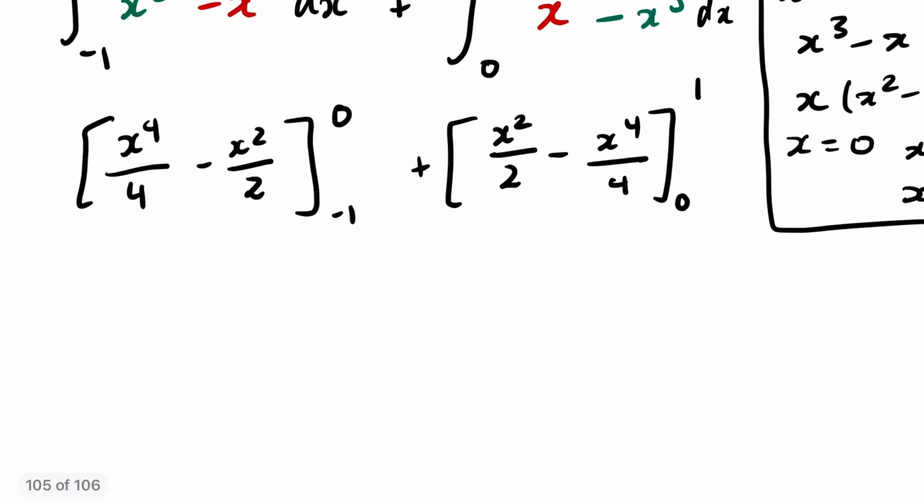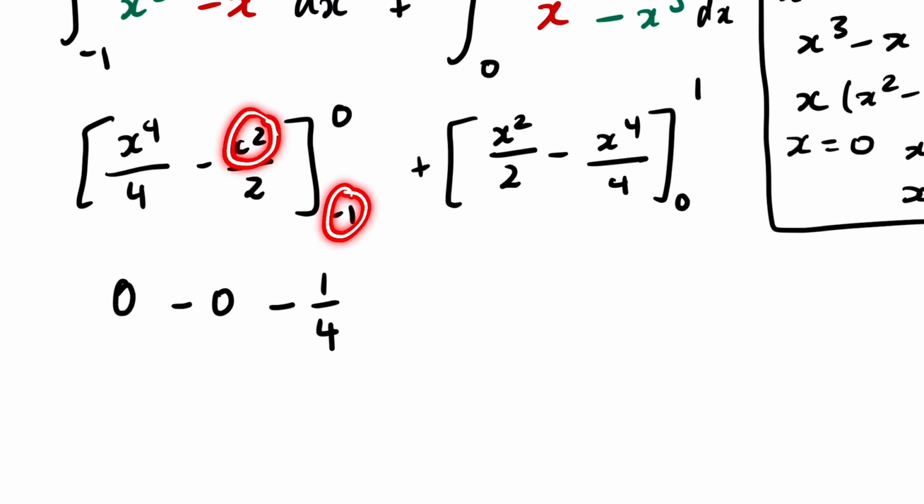All right, and substituting. This will actually be quite nice because zeros and ones go into fractions quite nicely. 0 divided by 4 is just 0, minus 0 divided by 2 is just 0. And then minus, so -1 to the power of 4 is +1 on 4. Sorry, that is +1 on 4, but because we're subtracting the whole thing, that'll be -1/4.